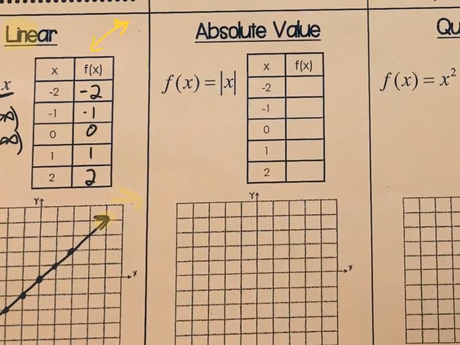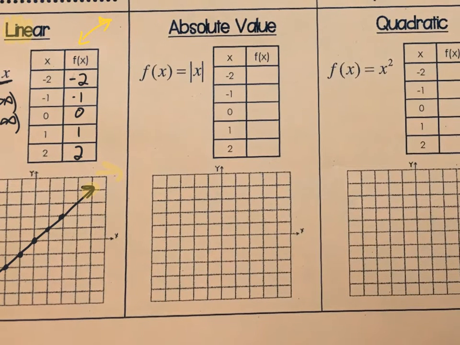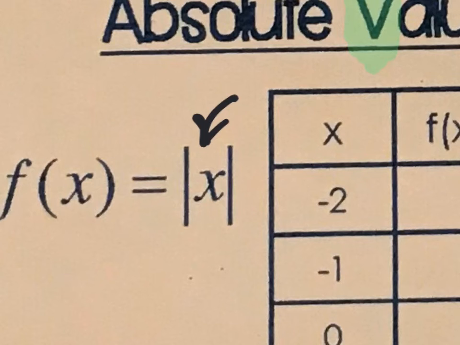The second function is called the absolute value function. And when I think of the absolute value function, I think of this letter right here, because that is what this graph is going to look like. So we've talked about this before, how when you have an absolute value, it really is just going to make everything positive because it's a distance, and distance cannot be negative.